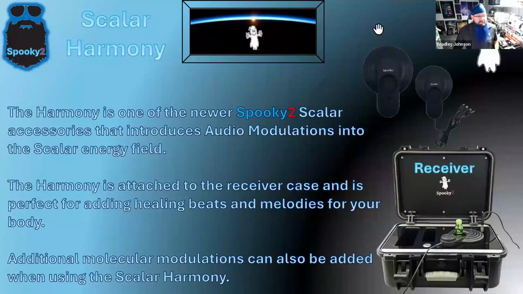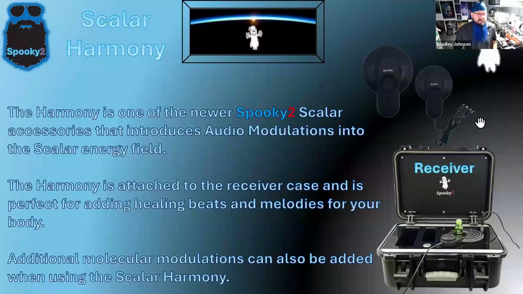Okay, the fourth modulation that we are introducing you to here with regards to how the Spooky2 scalar can be used is called the Spooky2 Harmony. The Harmony is an accessory device that is attached directly to the receiver side. Once it's attached, you run this cable right here to whatever means you're using to pipe in the audio, whether you're using your phone or your MP3 player or an old school CD player or an 8-track, just whatever devices you have out there.